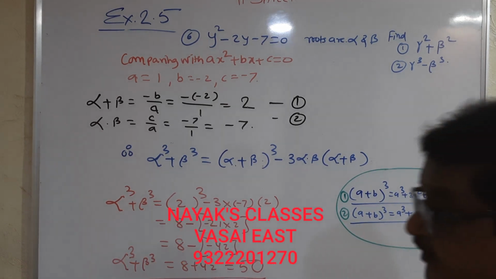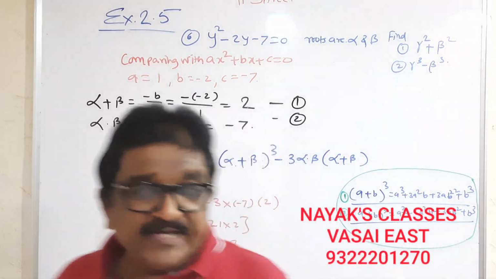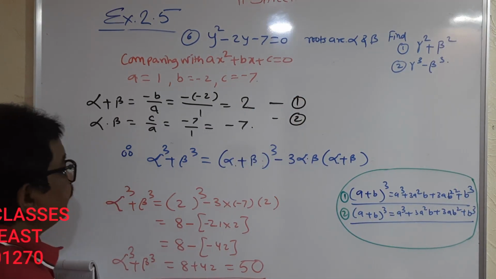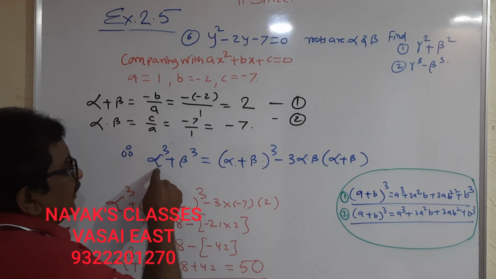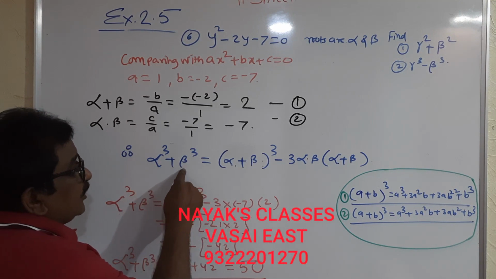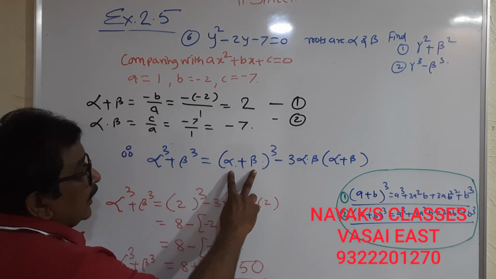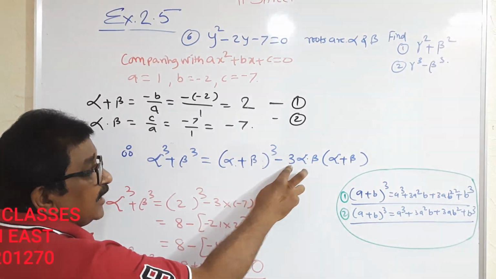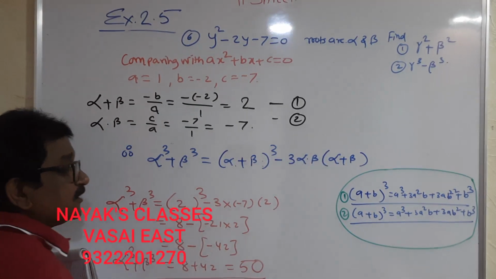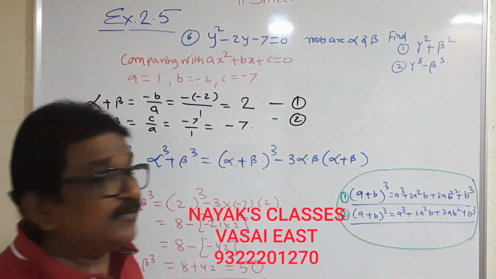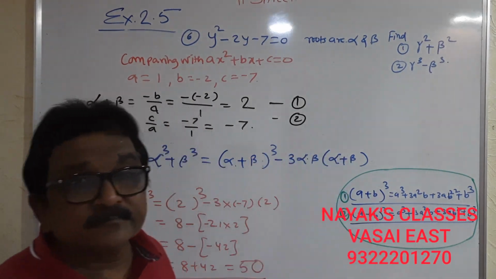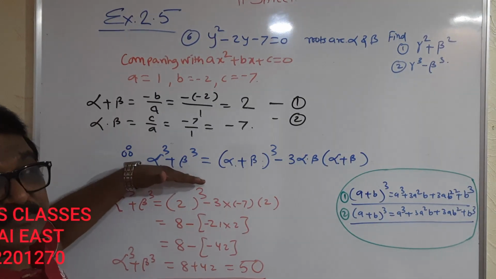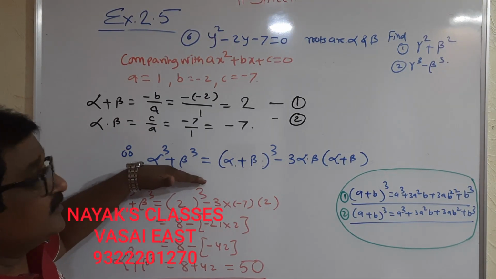So the remaining part of the example is finding the value of alpha cube plus beta cube. I have written here alpha cube plus beta cube is equal to alpha plus beta the whole cube minus 3 alpha beta into bracket alpha plus beta. To get this idea, just I explained you the square identities.